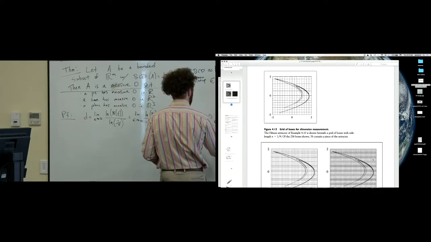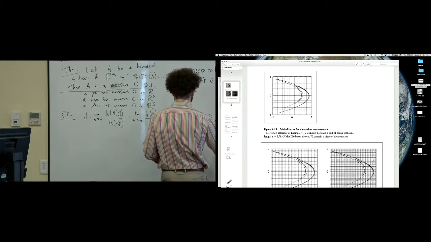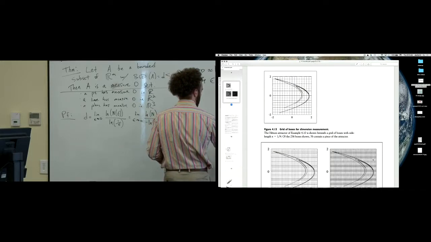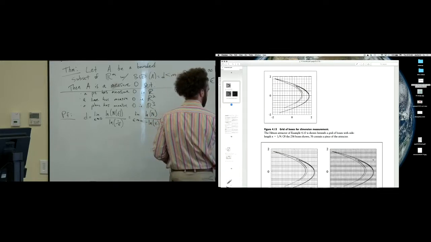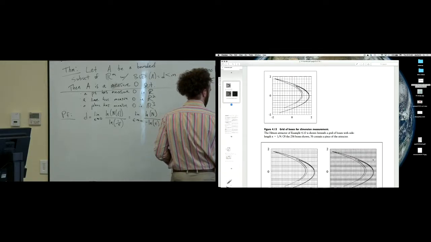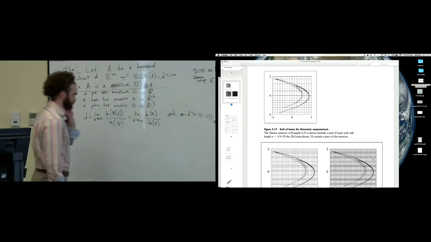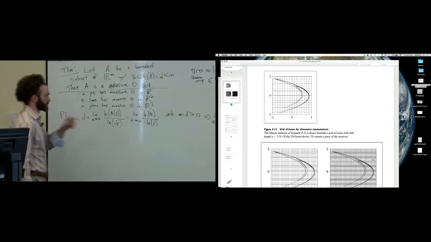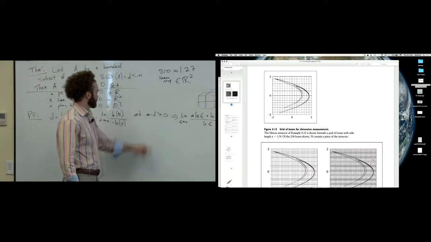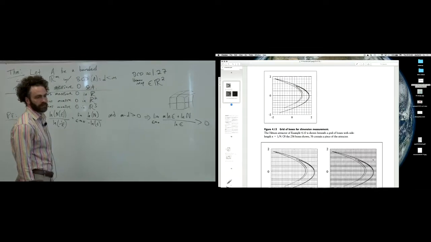I'm going to stuff the m in. M doesn't care about epsilon. It's just whatever integer was the size of my space to begin with. I've got an m ln of epsilon plus ln of n divided by n ln of epsilon. And this thing has to be positive. So I've stuffed my m in. This minus sign is that one right there. M has an ln of epsilon attached to it, so I can get it into the fraction.